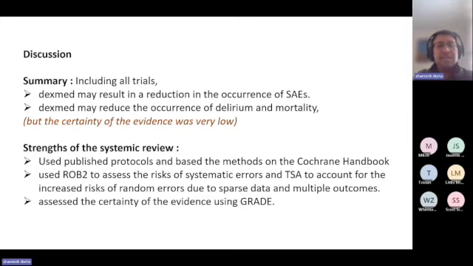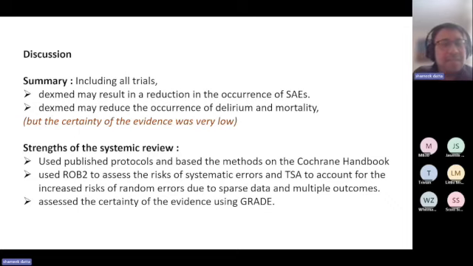So, summarizing, when they included all the trials, Dexmed kind of showed a reduction in the occurrence of serious adverse events, and it can also lead to a reduction in the occurrence of delirium and mortality. The reviewers used something called a trial sequential analysis, and the certainty of the evidence, the recommendation actually, came out very low.